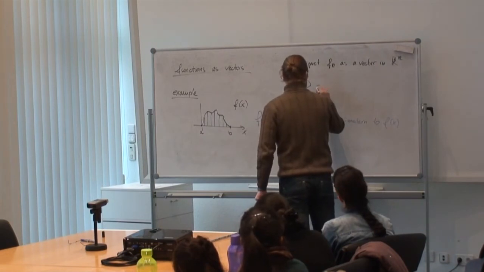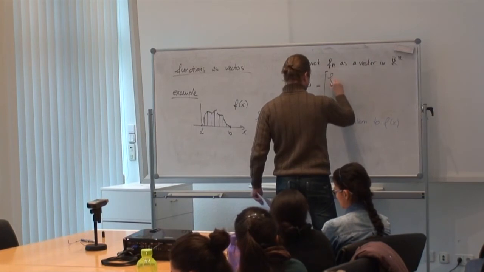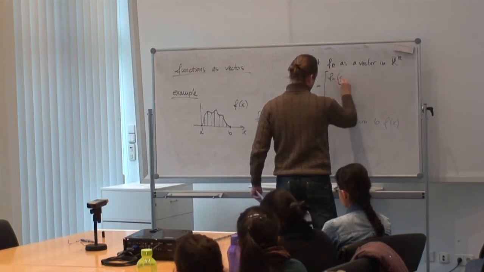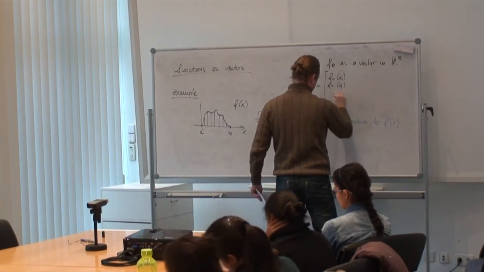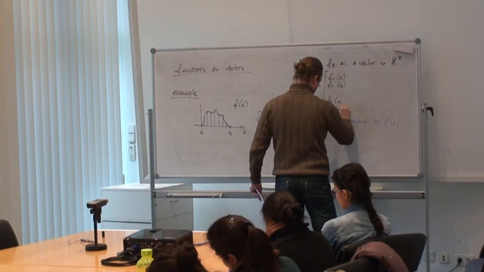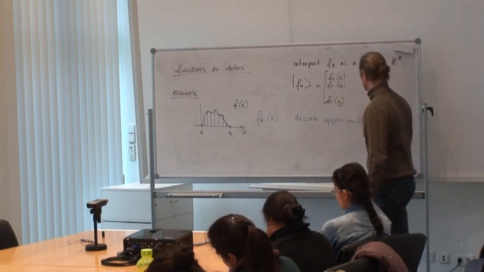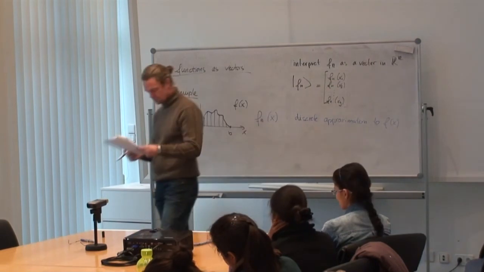But this is, again, just a shorthand for the vector Fn at x1, Fn at x2, and then in our case Fn at x9, because we have, in this silly example, 9 sampling points.